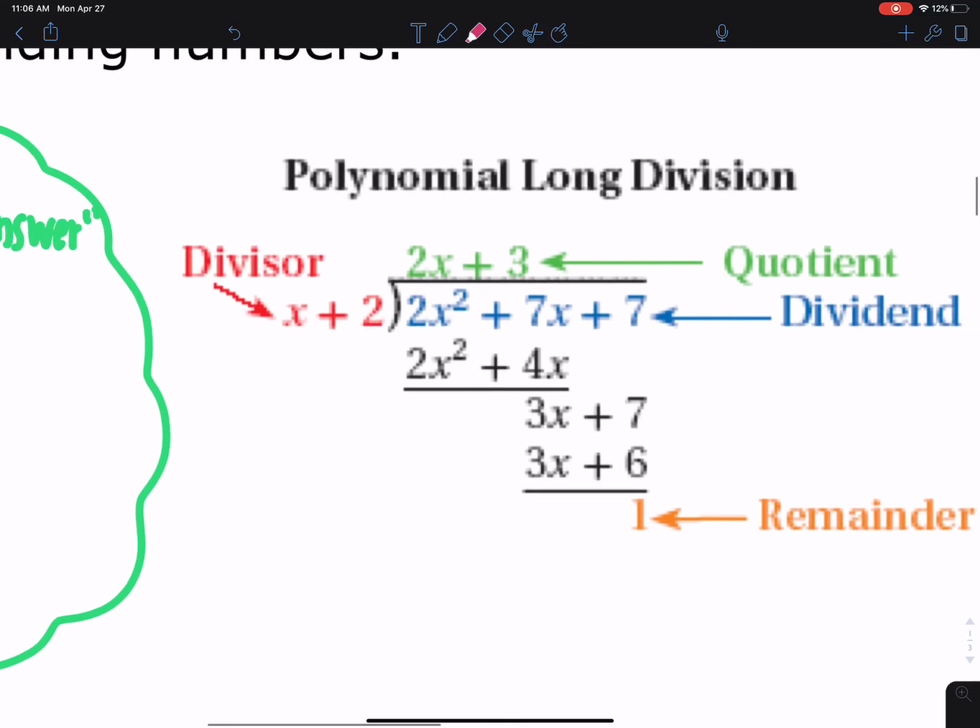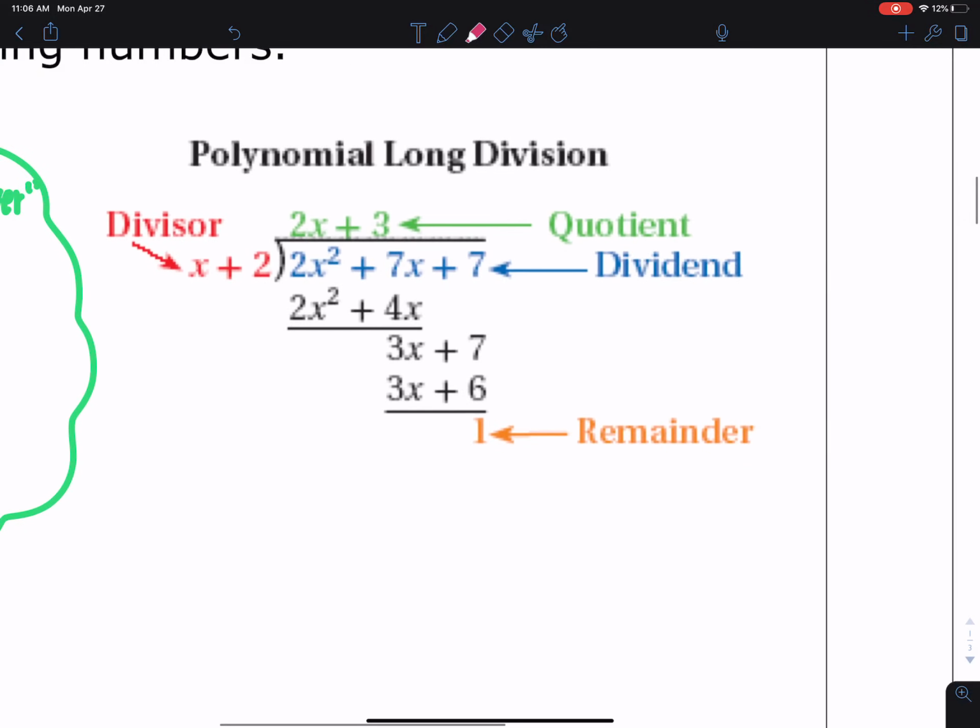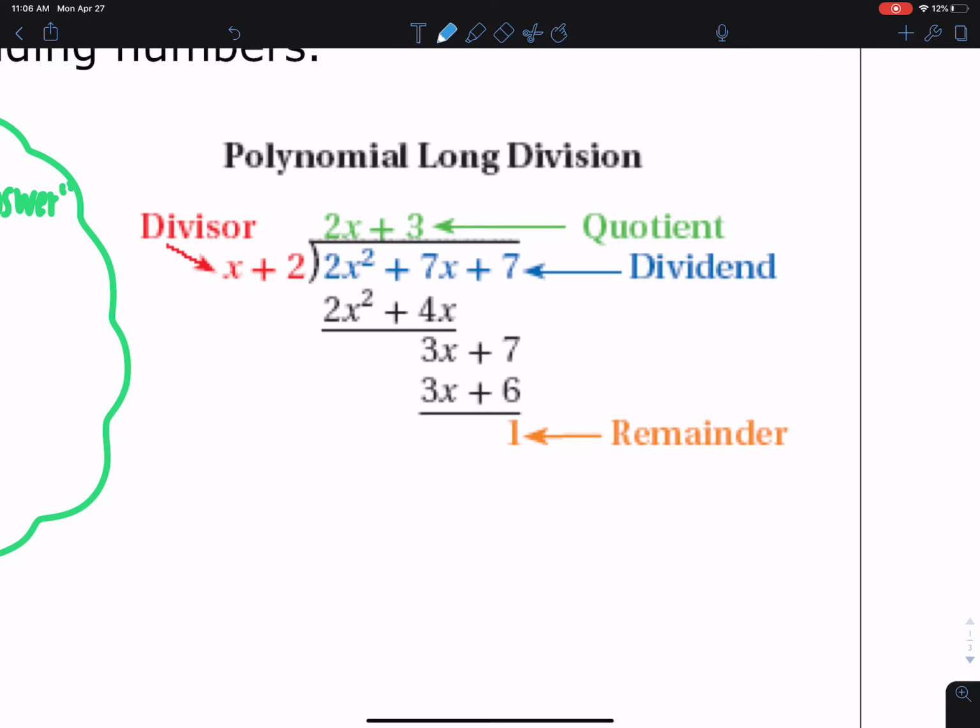So here's the first example of polynomial long division. We're going to start by looking at the dividend, but we're only looking at the first term of the divisor. So we're going to take the first term of our dividend, which is 2x squared, and divide it by x, which is the same as 1x. So 2 divided by 1 is 2, and then x squared divided by x to the first is going to give us x.